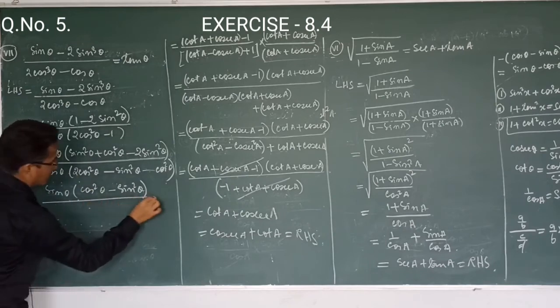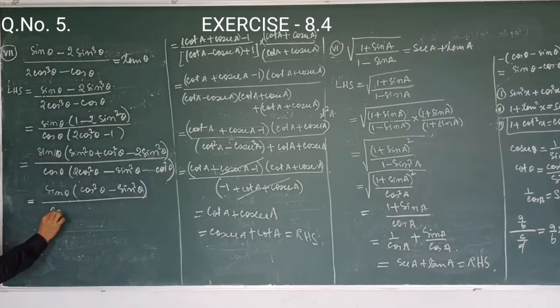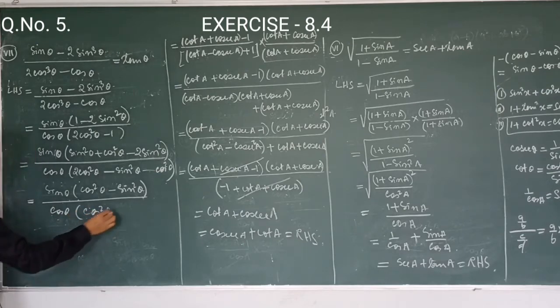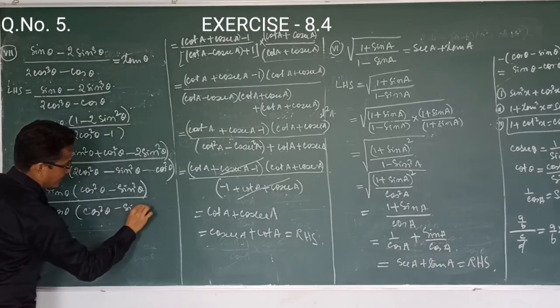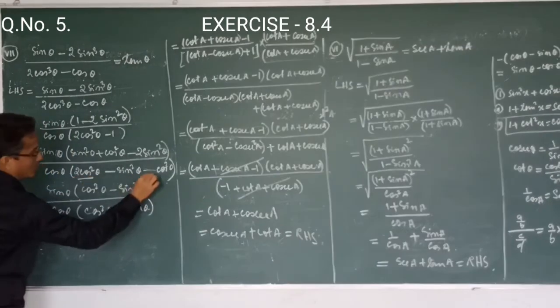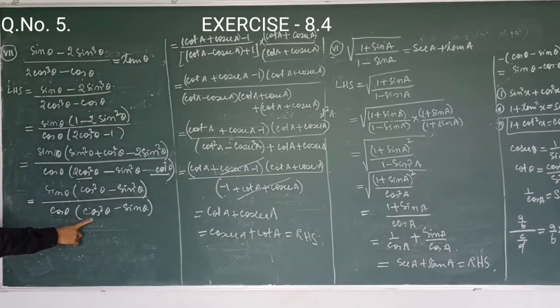Now here cos theta, and if I take this, cos square theta, we get minus sin square theta. Now you will see, this two if you simplify, you will get cos square theta.